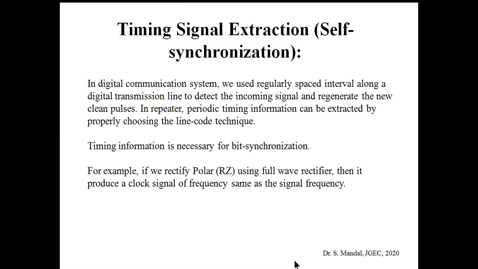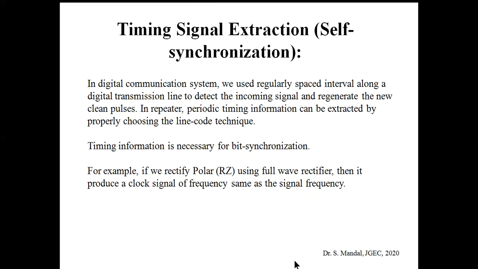Timing information is necessary for bit synchronization. Suppose we consider polar RZ line coding. It has been observed that if we use a full wave rectifier and send a polar RZ signal through it, it can produce a clock signal of frequency the same as the signal frequency.